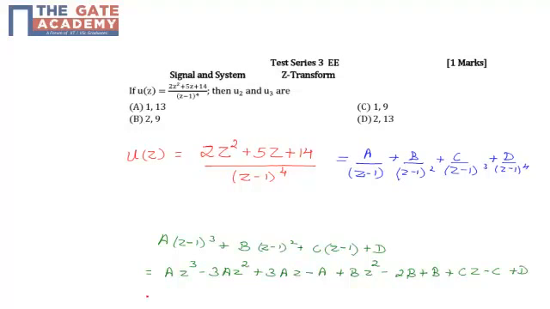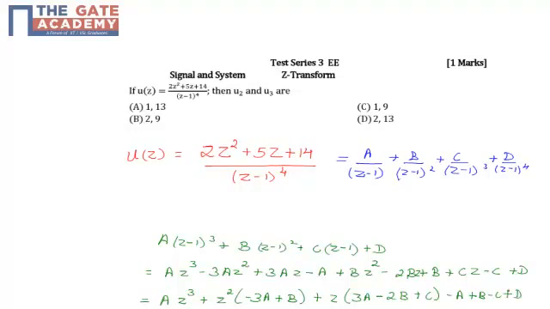That is nothing but, if I take in terms of powers, a times z³, then I will take z² in common, this would be minus 3a plus b. Then let us take z outside, so I will get 3a with this, minus 2b plus c, and finally the constants, that is minus a plus b minus c plus d.